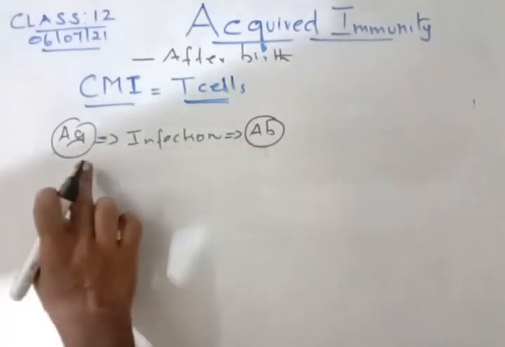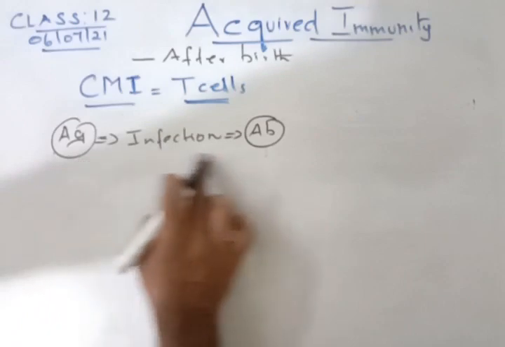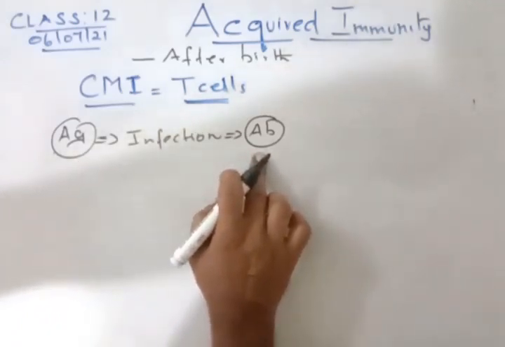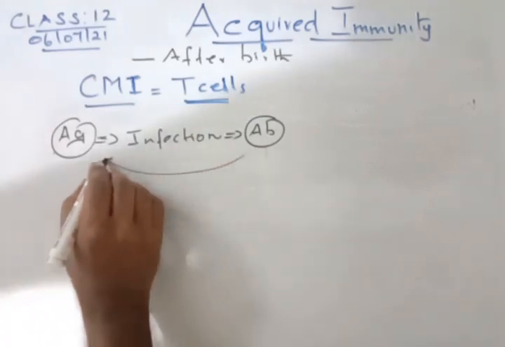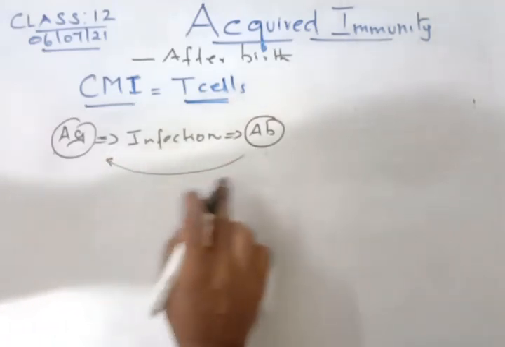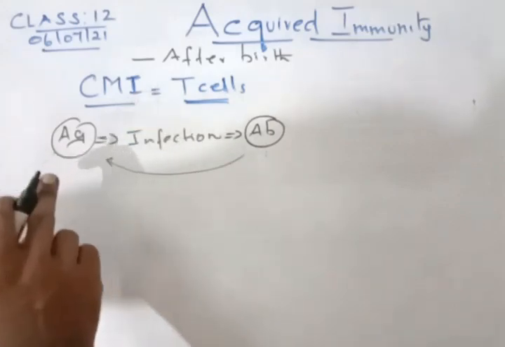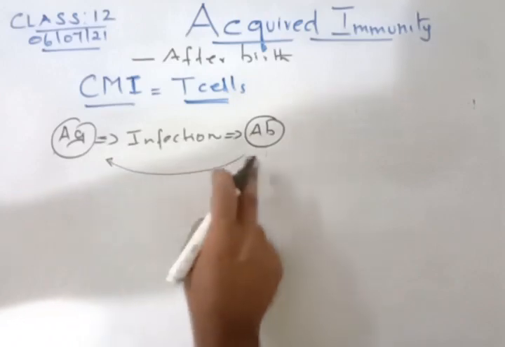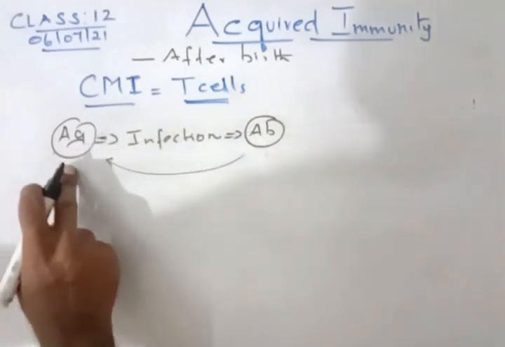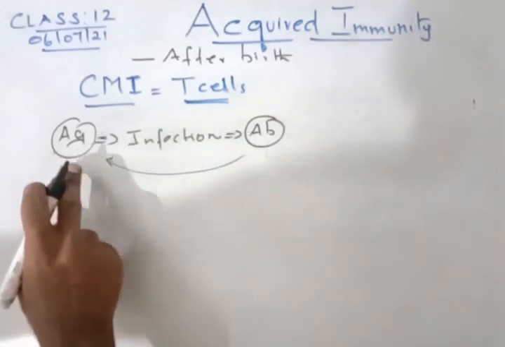Now this antigen is producing this antibody. What will this antibody do? This antibody will go, bind with this antigen and destroy it. But this antibody is produced from the antigen only, and still the antibody will destroy this antigen. How will this antibody recognize this antigen?